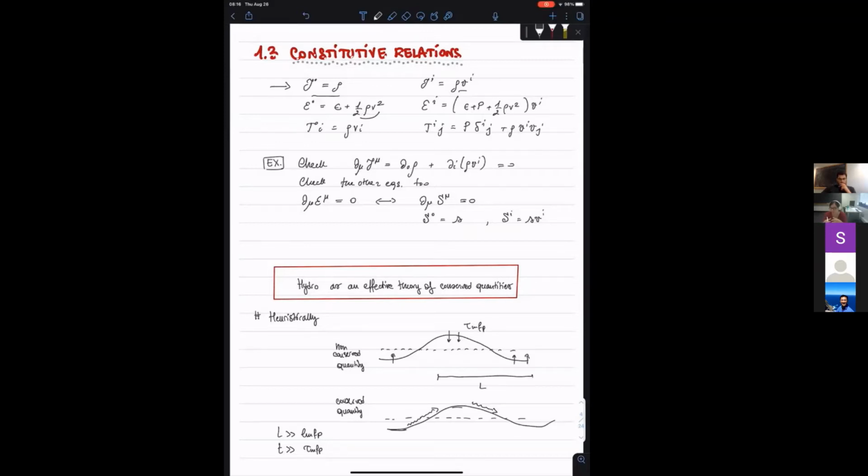So this is the upshot of hydrodynamics. You retain only the conserved quantities in the game, and all the other quantities you forget. Okay?